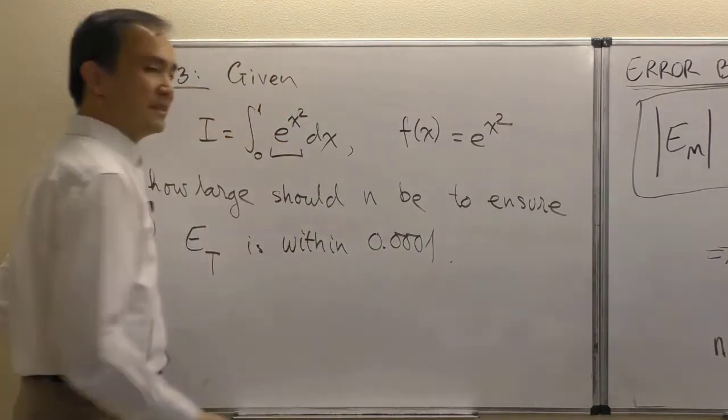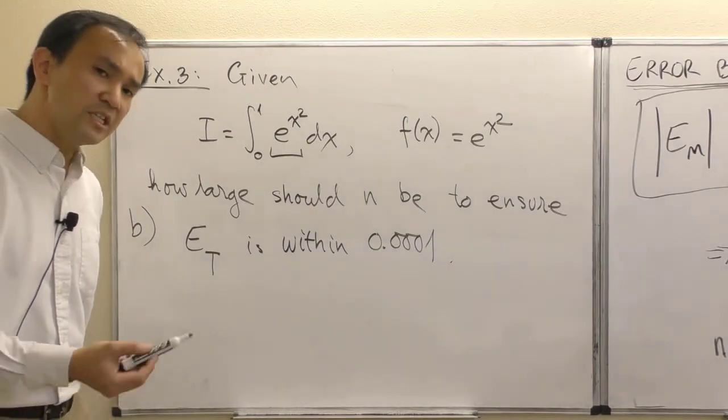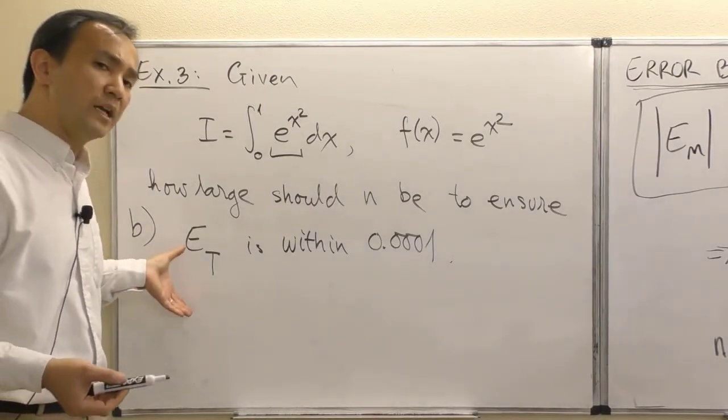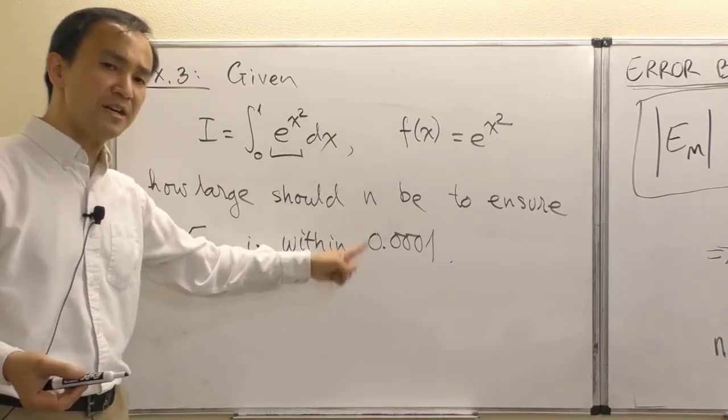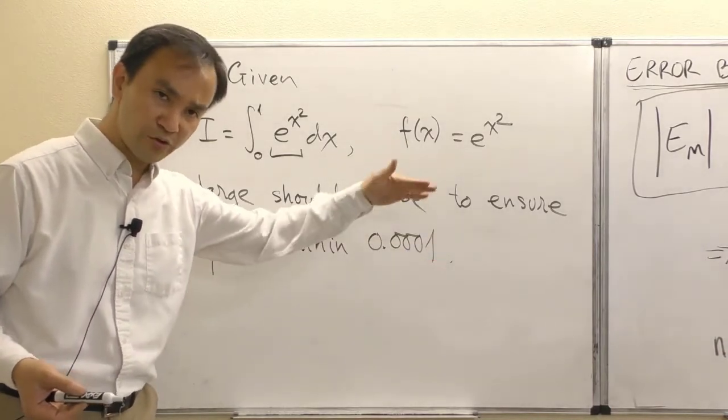This time, instead of EM, we're working with ET. We want ET to be anywhere up and down by 0.0001 from the actual answer.